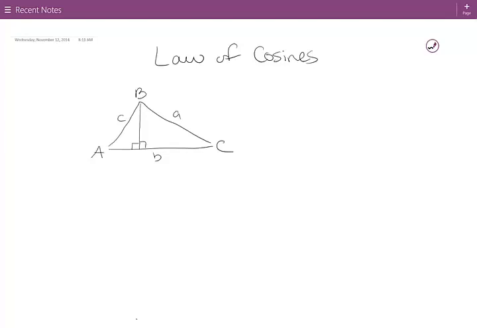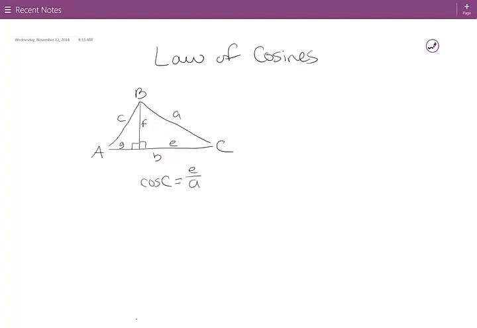Alright, so first I'm going to look and see what the cosine of C is. In order to do that, I'll need to label its adjacent and opposite side. So let's call this adjacent side, in this triangle over here on the right side, E. We'll call its opposite side F, and let's call this little guy over here G. So cosine of C is equal to adjacent over hypotenuse.